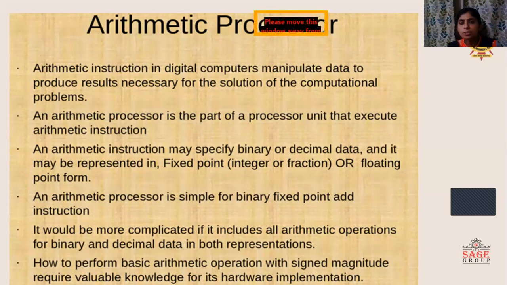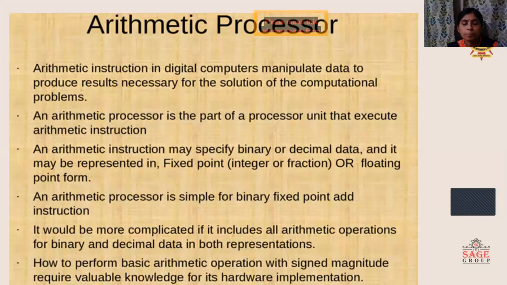This arithmetic instruction may specify binary or decimal data. It may be represented in fixed point form, for example integers in the form of integers and fractions, and in the form of decimals, floating point forms.